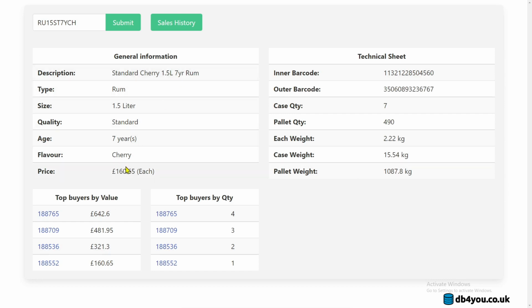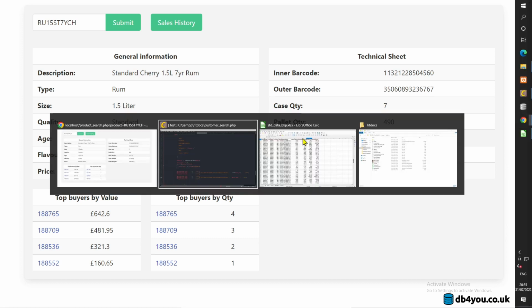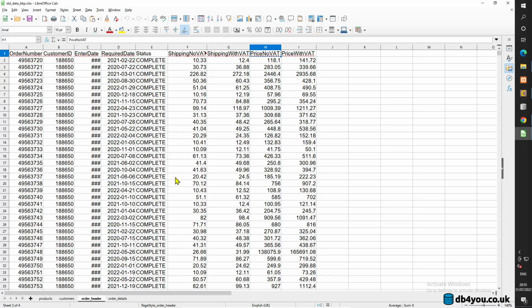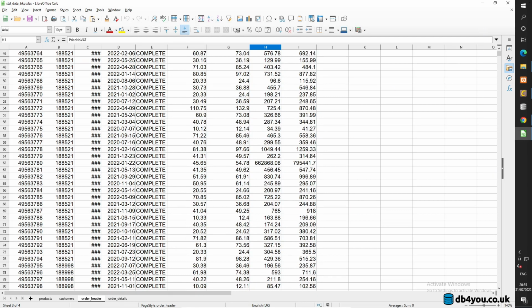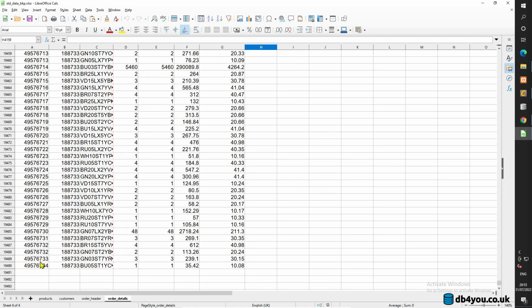Really good. So I'm thinking you're getting the picture of what this does. Just queries the Excel sheets. I think there are 4 if I just show you what I have here. So yeah, there's order header, order details, which is again 19,000 of this.